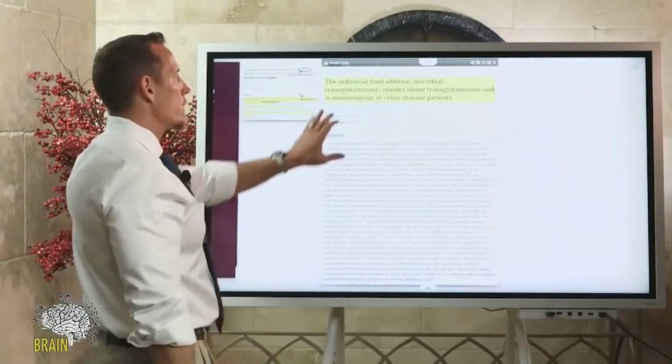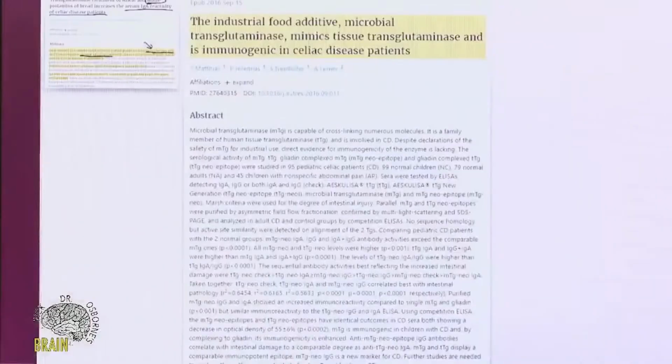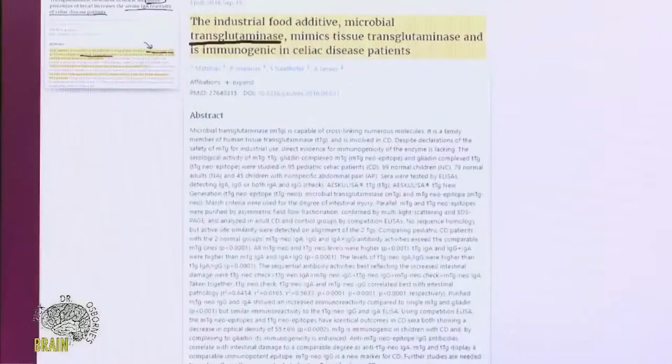You see here another study. Okay, this was published in Autoimmune Reviews. The industrial food additive microbial transglutaminase mimics tissue transglutaminase and is immunogenic in celiac disease patients. So again, part of the way that celiac disease develops is through this enzyme in our intestines called transglutaminase.